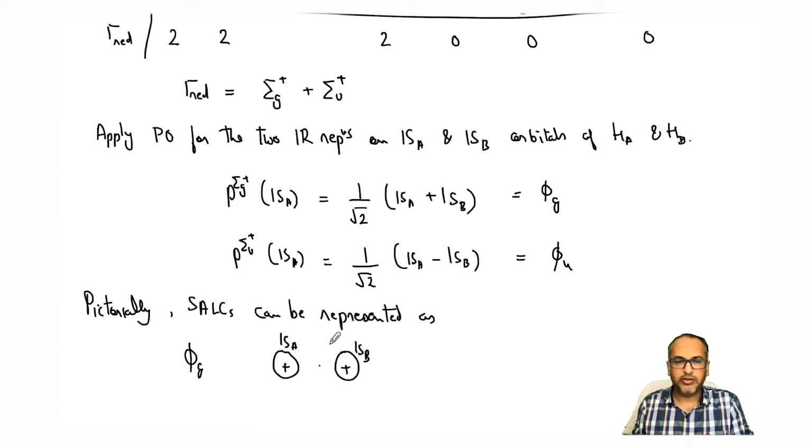So the same phase of the two orbitals combine to give you φg. Whereas the opposite phase, represented as plus and minus, this has nothing to do with electronic charge, it is just the phase of the wave function, with a negative phase. This is again 1sa and 1sb.